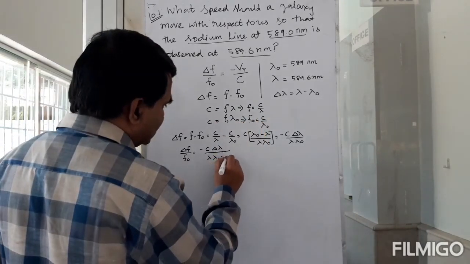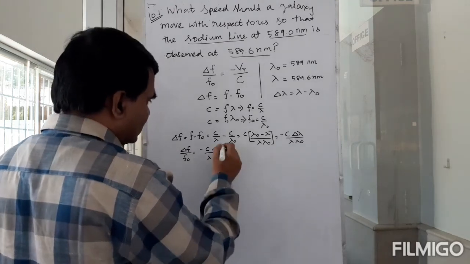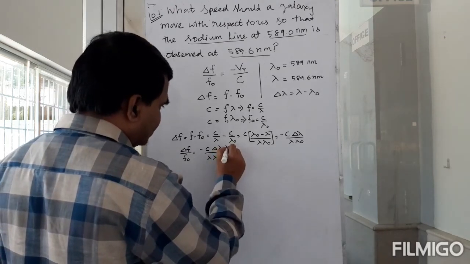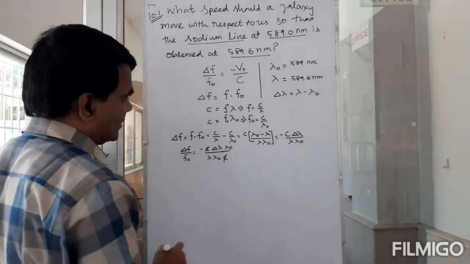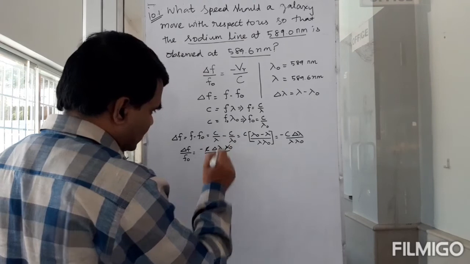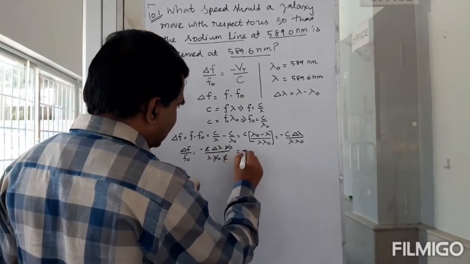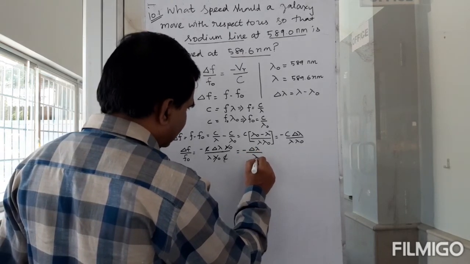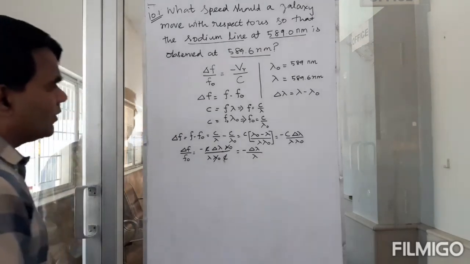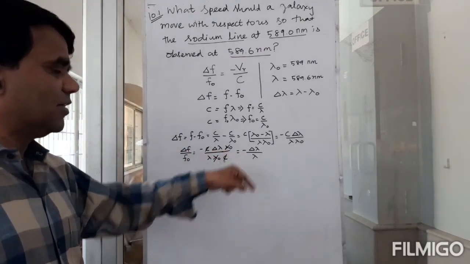So that lambda naught will go here. C will cancel, and lambda naught and lambda naught will cancel. So I'll get minus delta lambda by lambda. You see, delta F by F naught is equal to minus delta lambda by lambda.